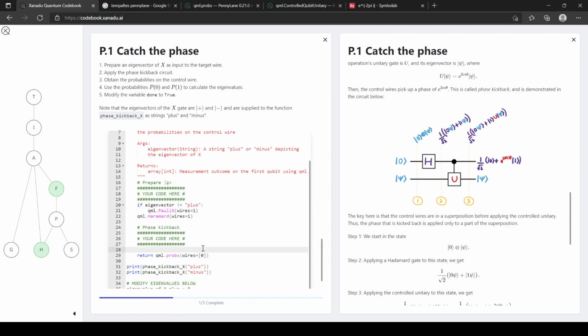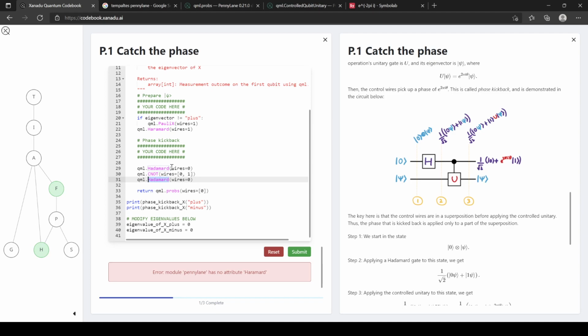All right, now we want to do our phase kickback circuit, which is the controlled unitary on 0, control 1, there we go.